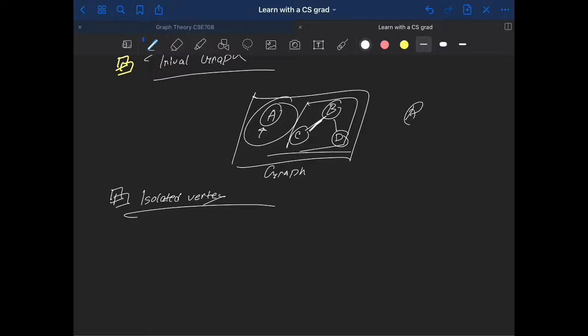However, in a situation where we have A, B, D and C, this is a graph with two components, but none of them are isolated vertices because all of them have at least one edge or connection. So in the earlier case, A is the isolated vertex.